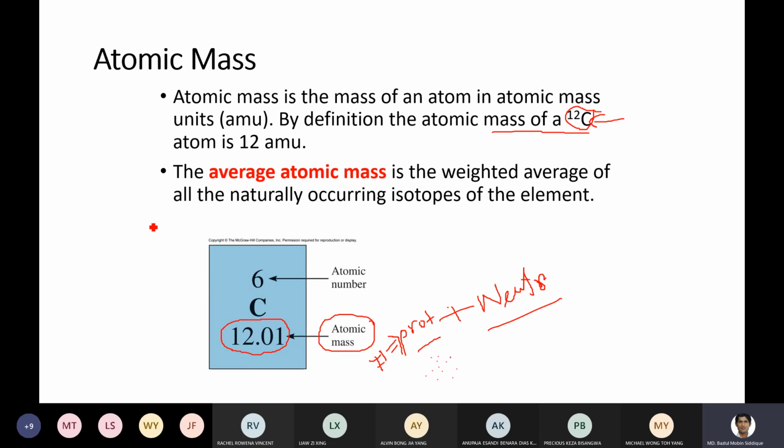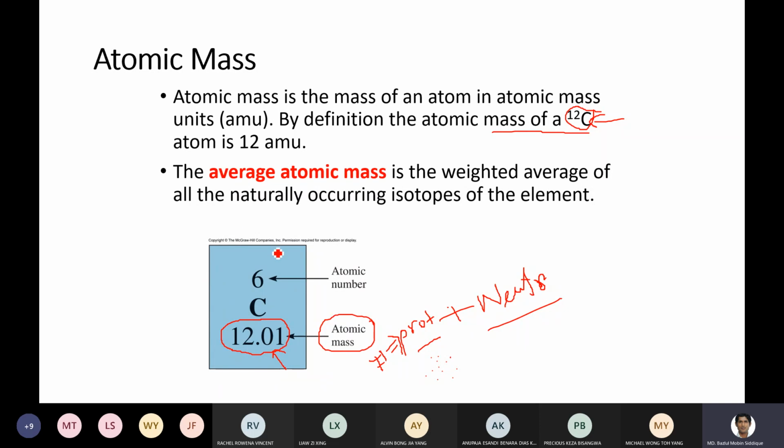For carbon, we know that there are 3 isotopes, carbon 12, 13, and 14. For hydrogen, there are 2. For oxygen, there are 4. All those isotopes are considered in measuring the average atomic mass, and that is why we see the fraction here.